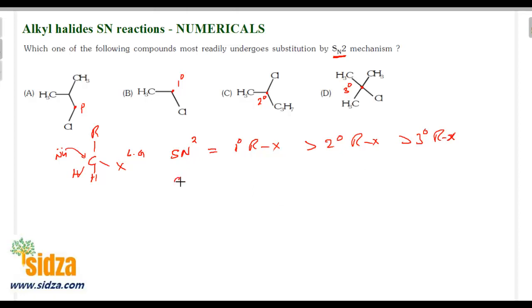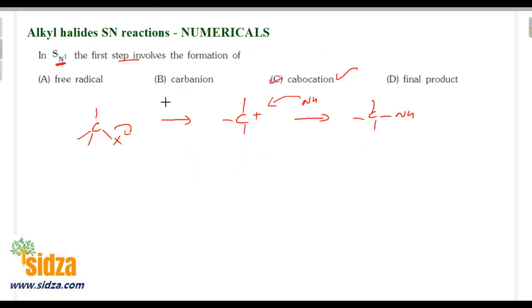And for the SN1 mechanism, what actually happens? We learned that it is the formation of a carbocation, and we know that a tertiary carbocation is more stable, right? In our last question we learned that the carbocation is formed as an intermediate in the SN1 mechanism. This will be preferred if you have three alkyl groups, because the tertiary alkyl halide will produce a tertiary carbocation, which is more stable.